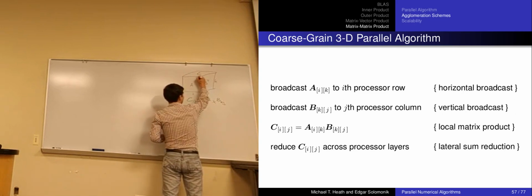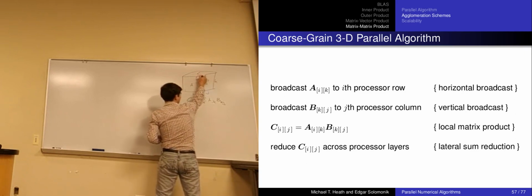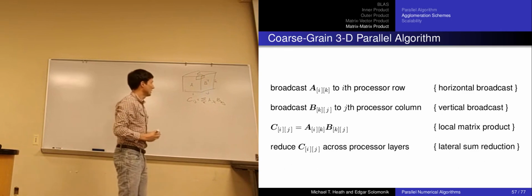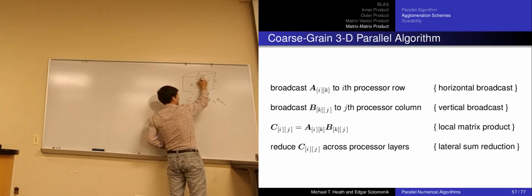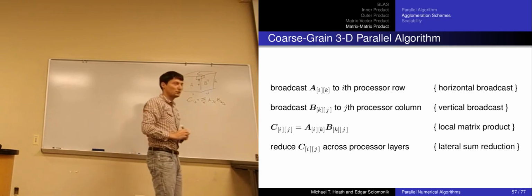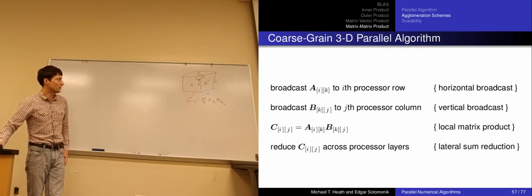It will receive all of the B elements, as will the next one down the line here, and all of the A elements. Then finally, we need to do a reduction to sum up the different blocks of C.